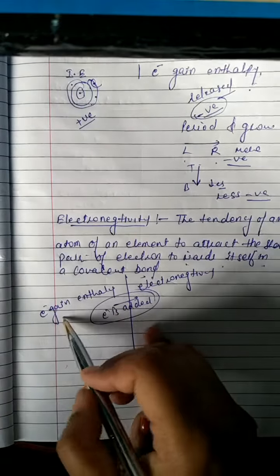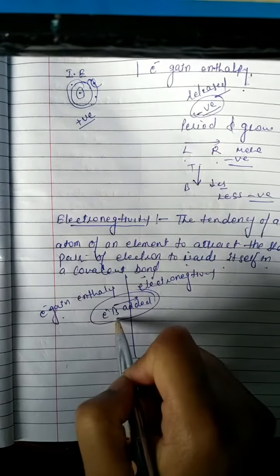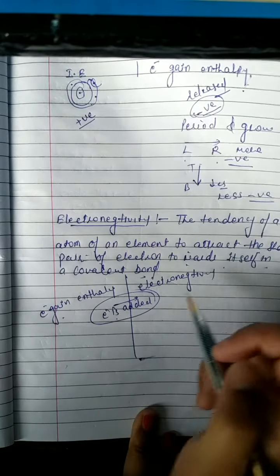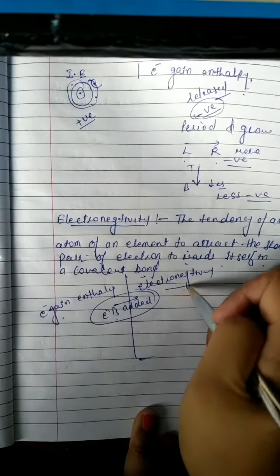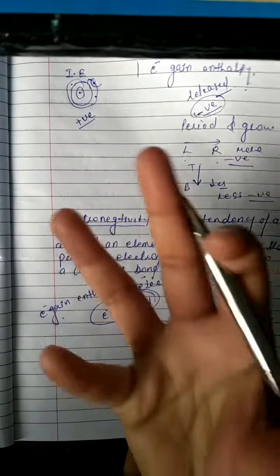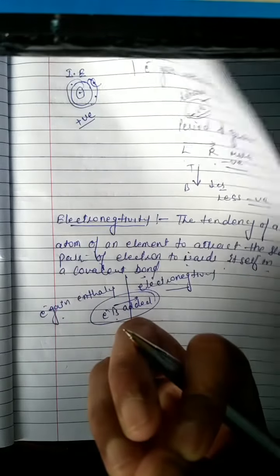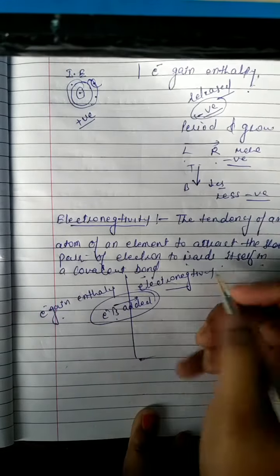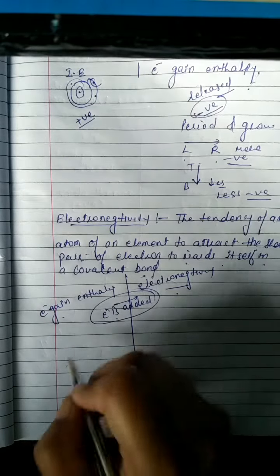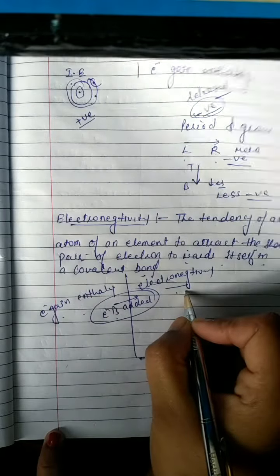In electron gain enthalpy, the energy is released when the electron is added in the outermost shell. Clear? Electronegativity is the tendency of any element to attract the electron pair towards itself. That is called electronegativity. But what is the main difference between electron gain enthalpy and electronegativity?